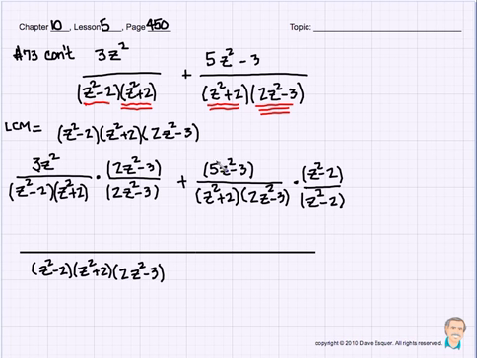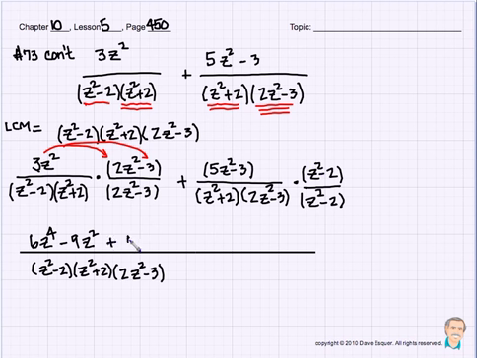And now we're going to have to distribute on the top and do a FOIL on the right side. So we're going to go 3z squared times 2z squared, which is 6z to the fourth, minus 9z squared. All I did was I multiplied these two and these two.